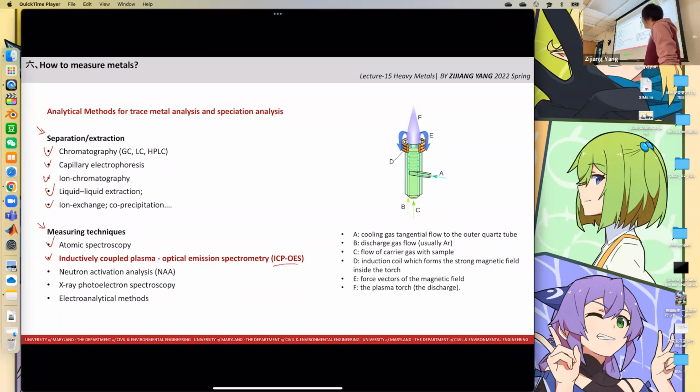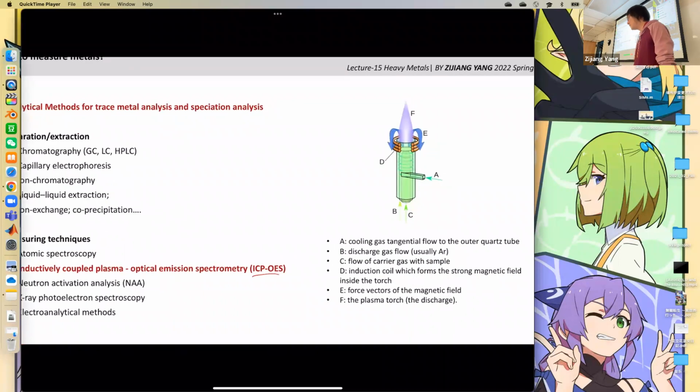I think in the lab next week, we are going to use this device to do the measurement. The basic theory is that we pump our sample into this torch, and then use magnetic methods to heat up the sample, and we get this flame.